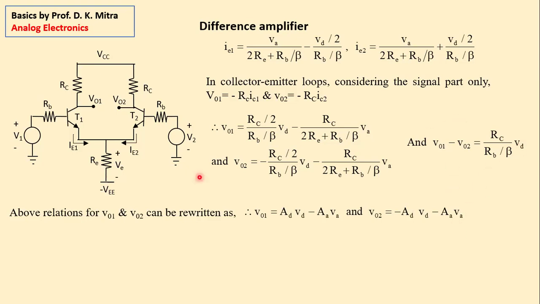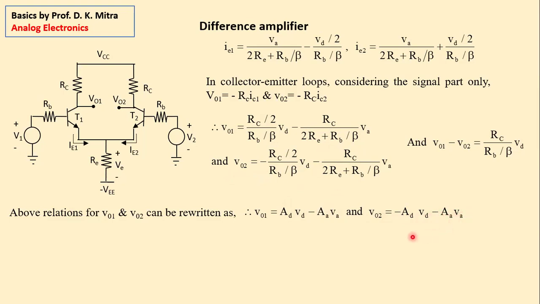Now, these above relations, VO1 and VO2. See, this factor is repeated here, and this factor is repeated here. So if we give this factor a name AD, it becomes AD VD minus, if we give it a name AA, then AA VA. And VO2 becomes minus AD VD minus AA VA.